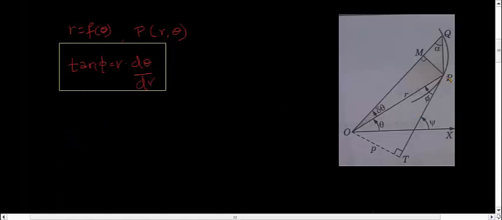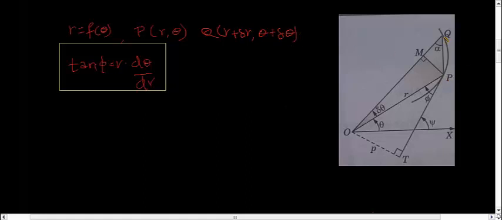To prove this, let us make this construction. Let us consider another point on the curve f of theta. Let us call this point as Q. Coordinates of P are r and theta. Let the coordinates of Q be r plus delta r and theta plus delta theta.